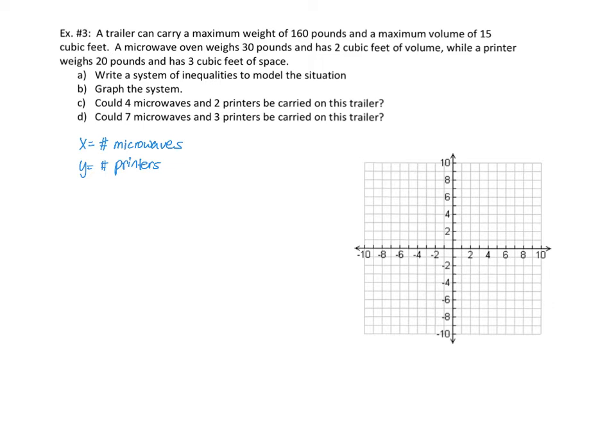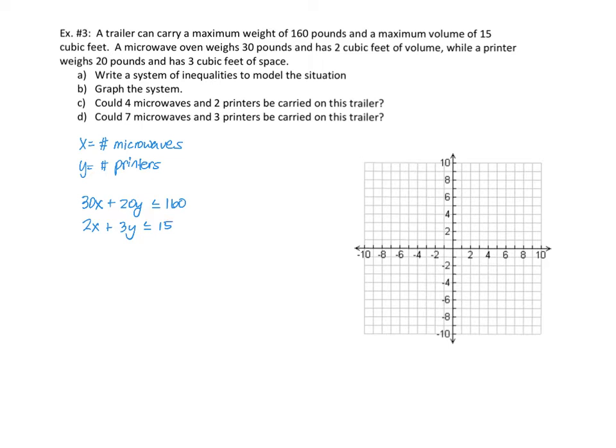Thinking first about the weights, if you take the number of microwaves times the weight of each microwave, we'll have 30x. Plus, for our printers, we'll have 20y. We need to make sure that's less than or equal to 160 pounds. Then for our volume, we'll have 2x, 2 cubic feet for each microwave, plus 3y. We need that to be less than or equal to 15.